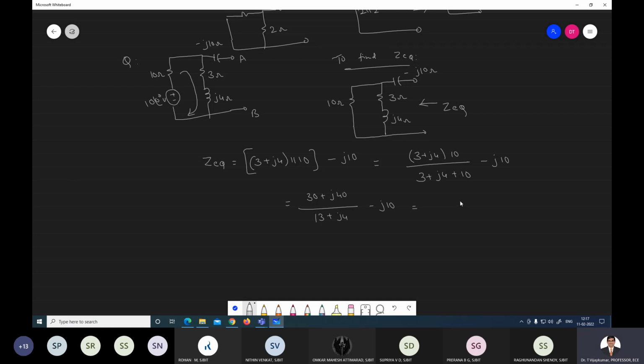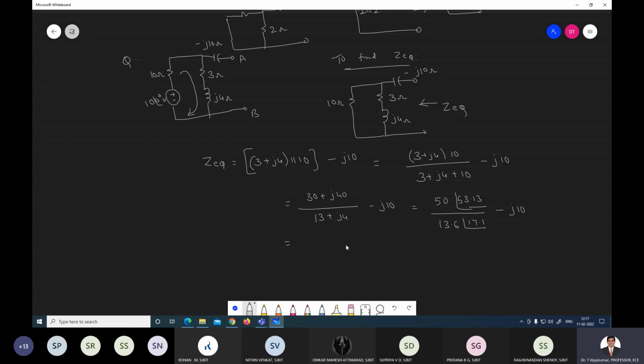What is 30 plus j40? 50 at an angle of 53.13 degrees. So 50 at 53.13 divided by 13 plus j4, that is 13.6 at an angle of 17.10, with minus j10.